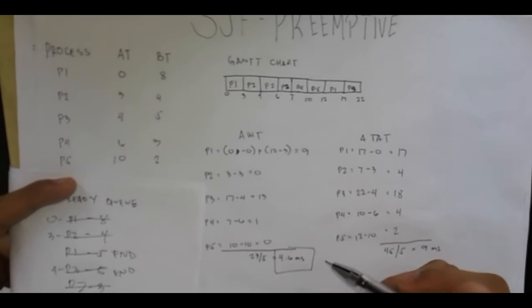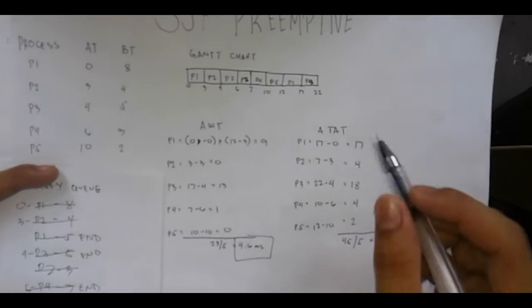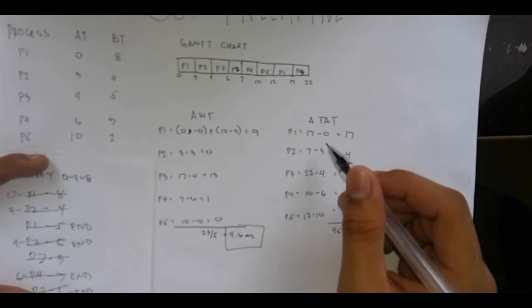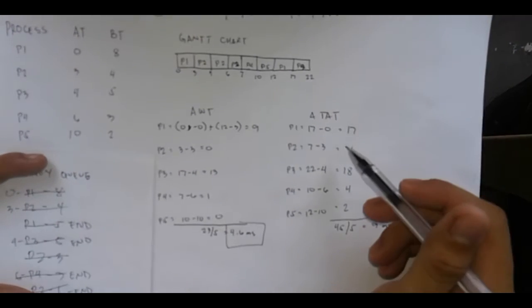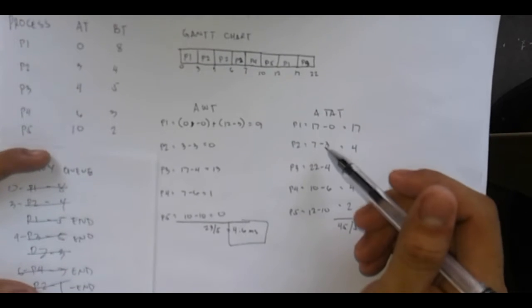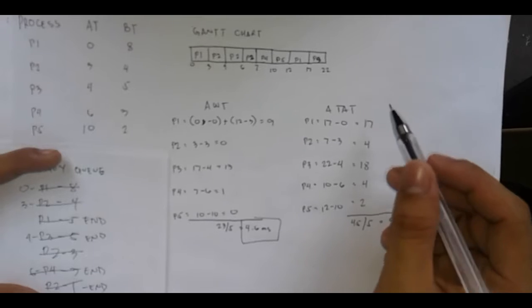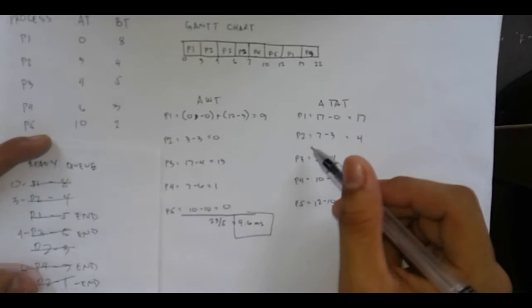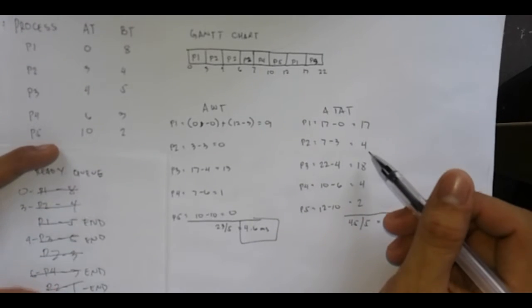And the average turnaround time, the formula for that, is the finish time minus the arrival time. P1 finishes at time 17 minus the arrival time 0 is equal to 17. P2, finish at time 7 minus the arrival time 3 is equal to 4.